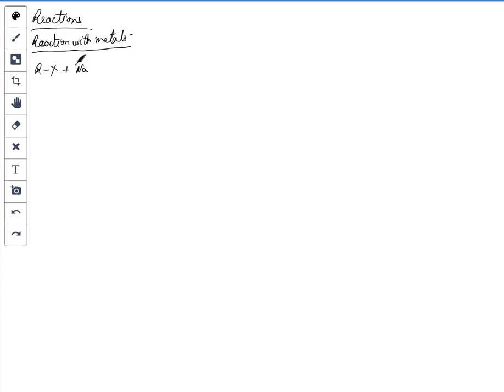The sodium is able to donate the unpaired electron to the halogen, and then the halogen gives its electron to break the bond with carbon. That gives us R radical along with NaX. Now this R radical can further react with another sodium atom to give RNa.